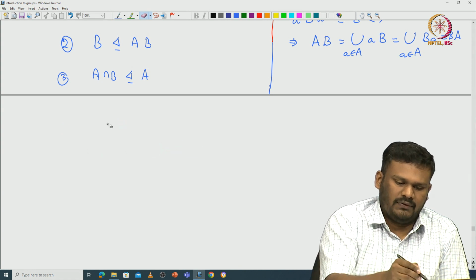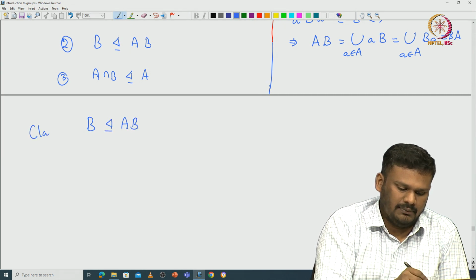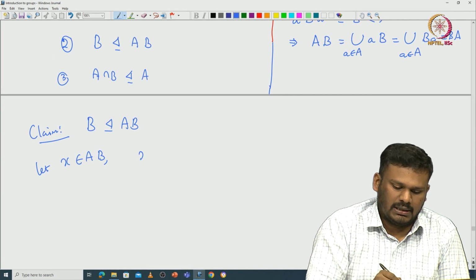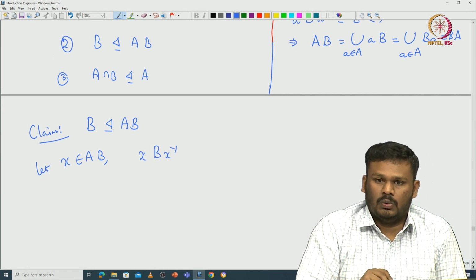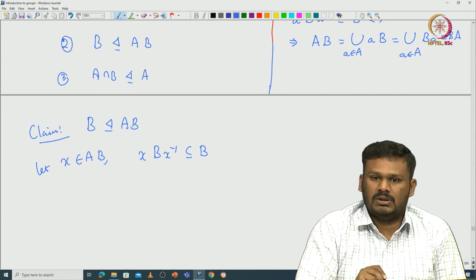If you want to say B is normal in AB, so this is our claim. Take some x inside AB. Then look at xBx inverse. It is enough to prove, by one of the characterizations, that xBx inverse is just a subset of B.